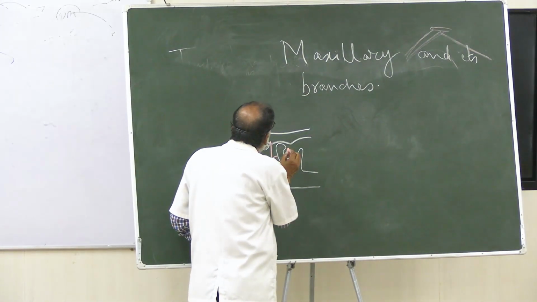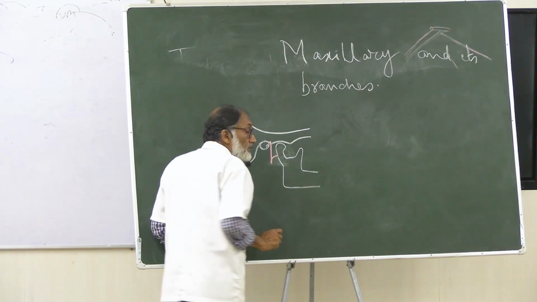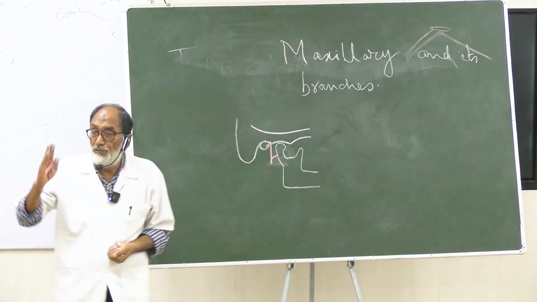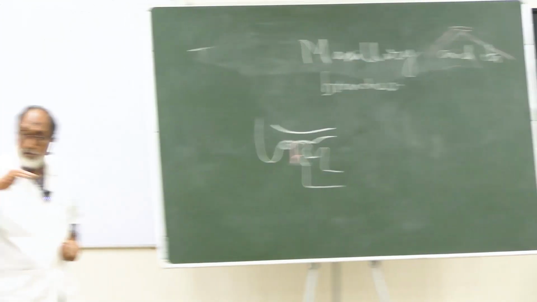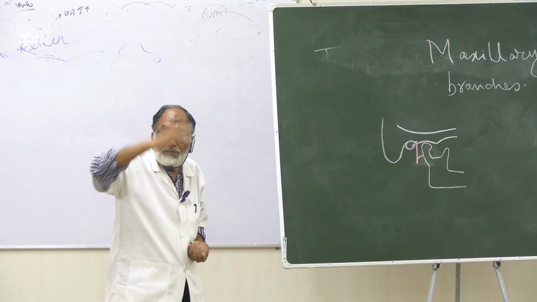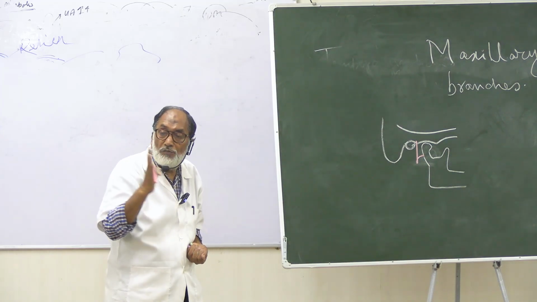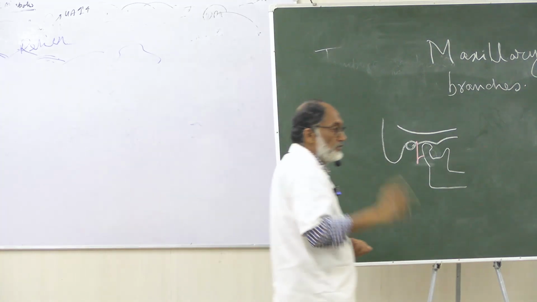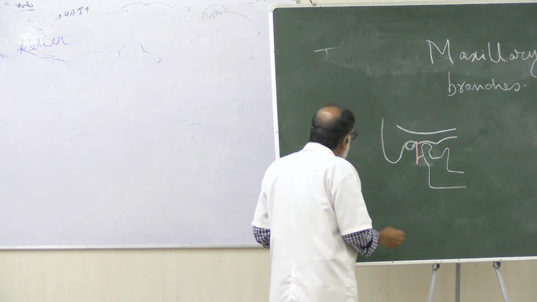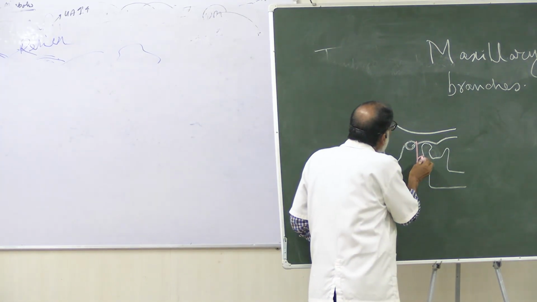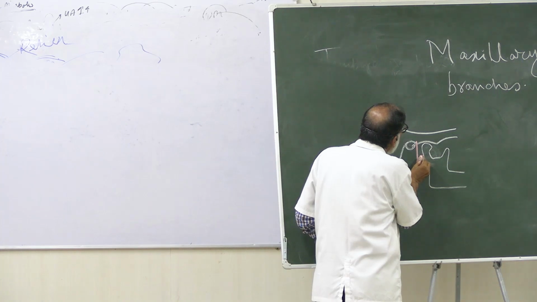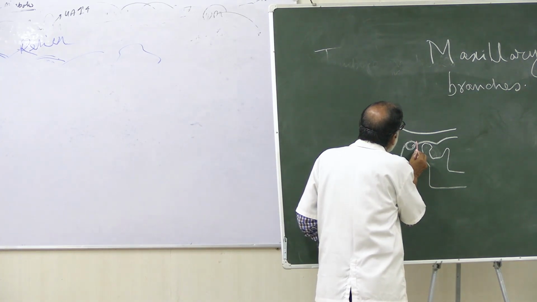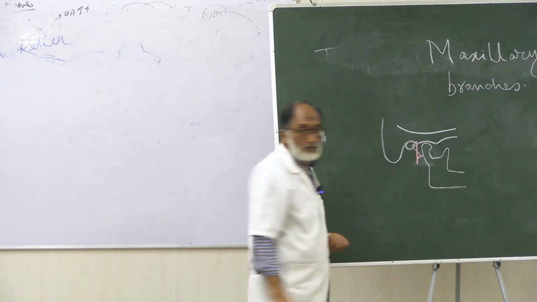Now here, before it enters the lower margin of the lateral pterygoid, it will give off 5 branches. Number 1 branch will go to the external ear.